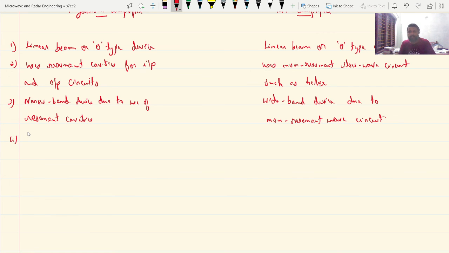The fourth point: in the klystron, the interaction between the electron beam and RF field occurs only at the gap of the resonant cavity.